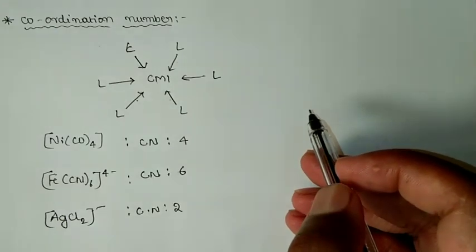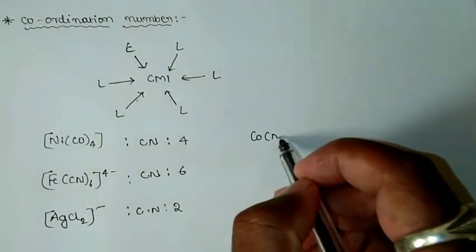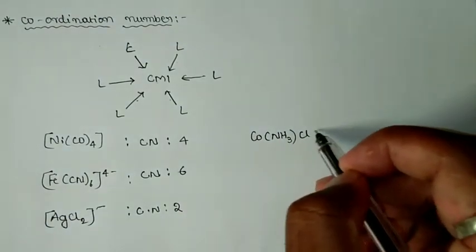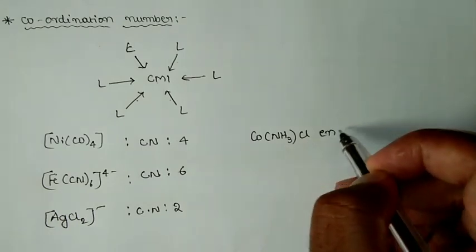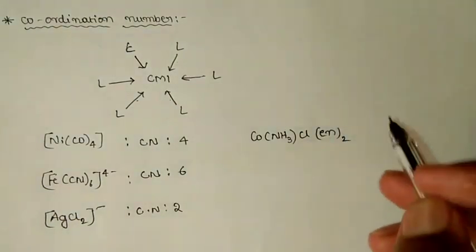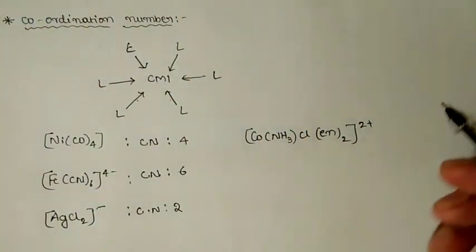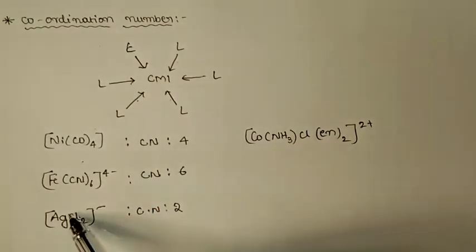And let us consider some typical examples like [Co(NH3)6]Cl3 and [Co(en)3]2+, with 2 positive charges. So in all these exemplifications, we have only one type of ligand.